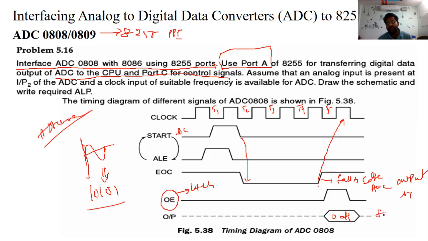This data is connected to the 8255 PPI. Once you give the OE output enable, whatever the data of that ADC is, is loaded into the 8255 PPI. This is the timing diagram. Very easy.